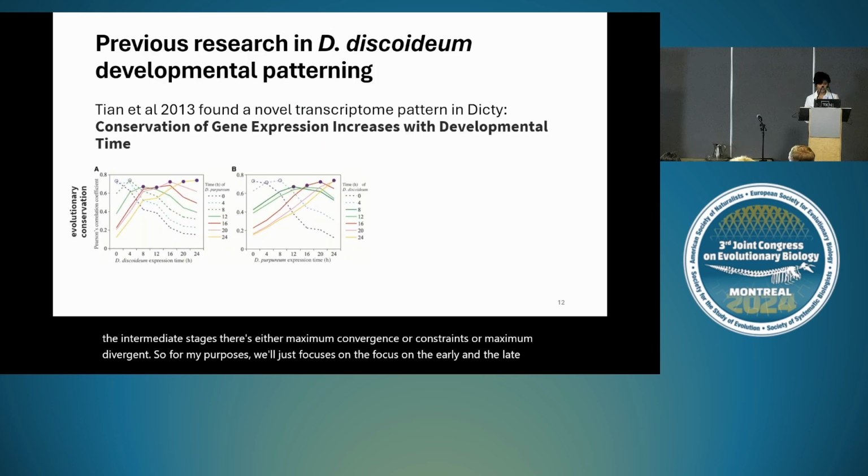And I wouldn't be the first person to study this in Dictyostelium discoideum. In previous research, Tian et al. found, by comparing transcriptomes from Dictyostelium discoideum and its relative Dictyostelium purpureum, that the transcriptome seems to converge later in development.